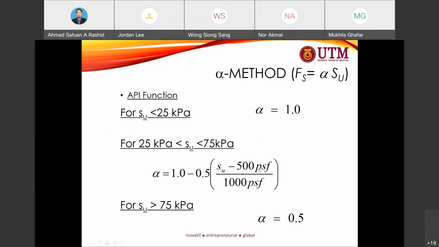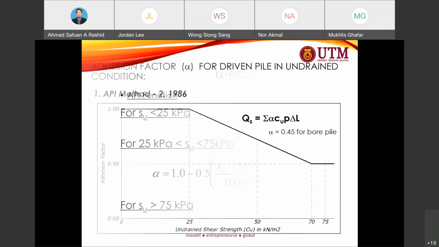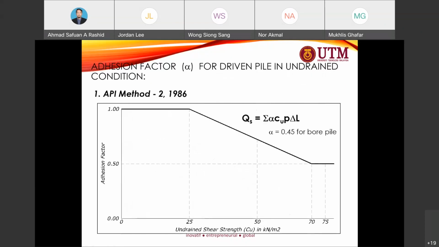And for alpha 0.5, we may use it when the Su is greater than 75. Then we multiply with the Cu to get the Fs. So this is the alpha for driven pile in undrained.